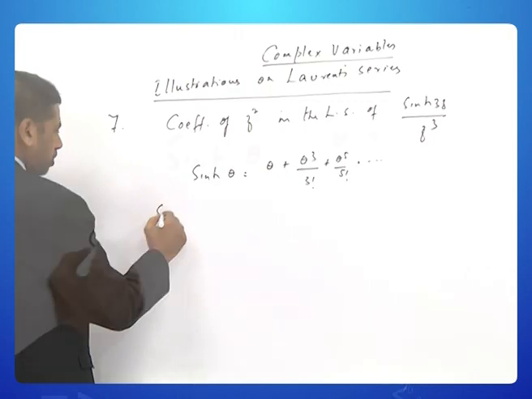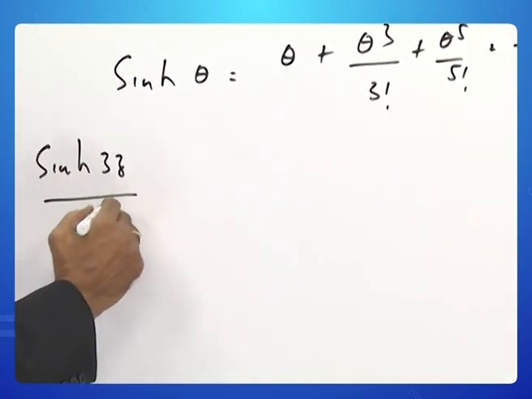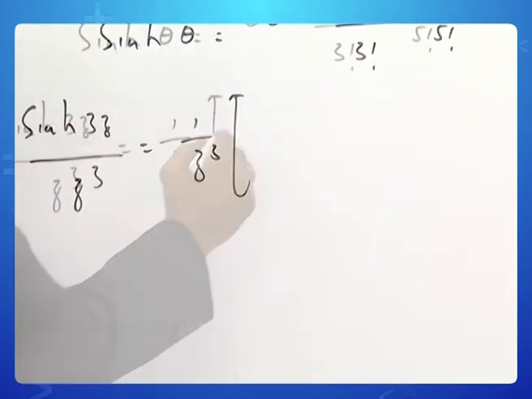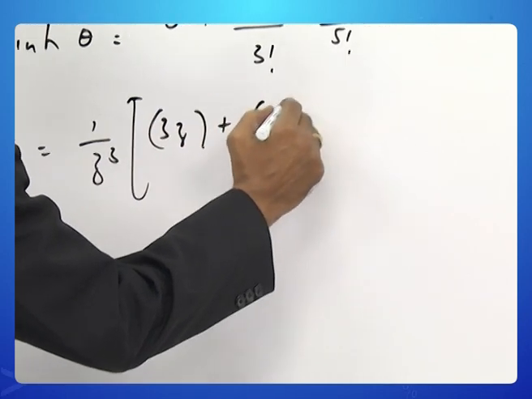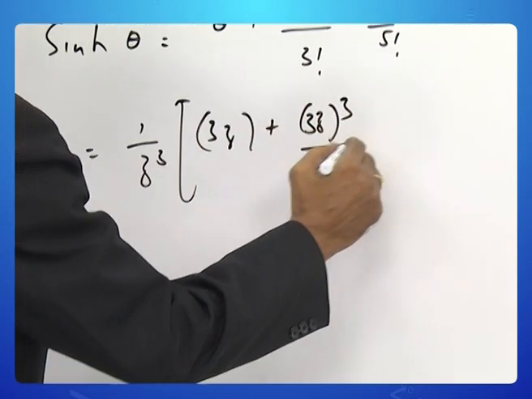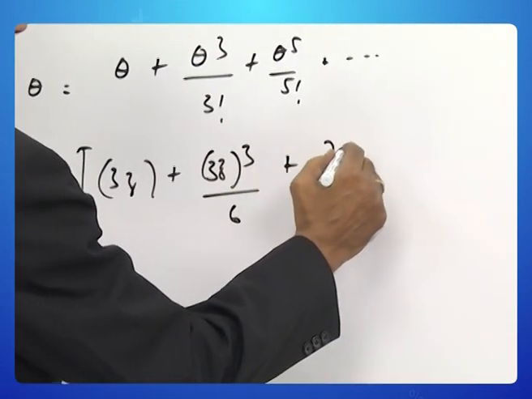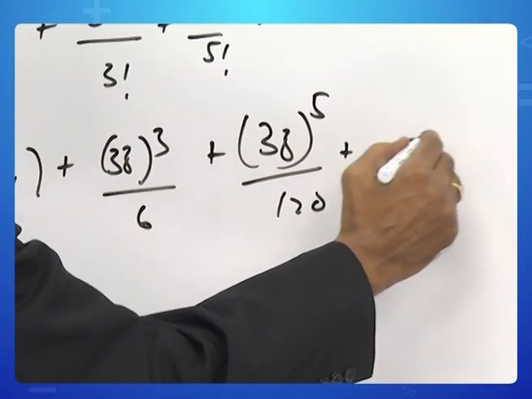So therefore, if you take sine hyperbolic 3z by z cube, this will be 1 by z cube into 3z plus (3z) whole cube by 6 plus (3z) whole power 5 by 120 and so on.